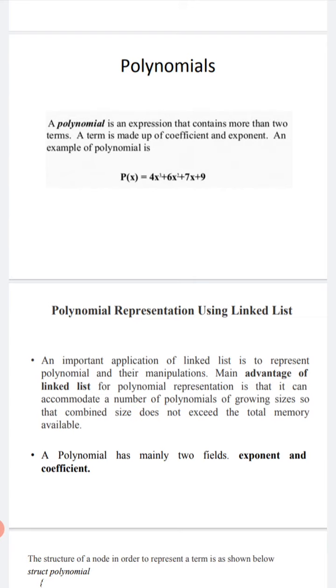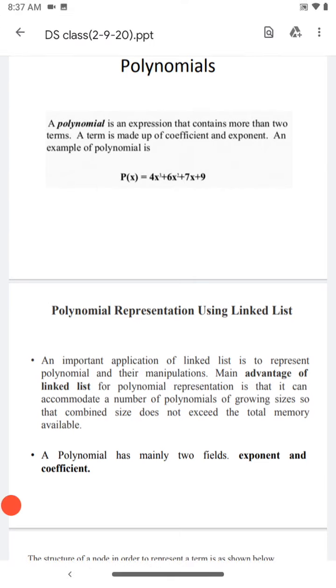When you consider this equation, what is the coefficient and what is the exponent? When you take the first term, 4x power 3, the coefficient is 4, the exponent is 3.